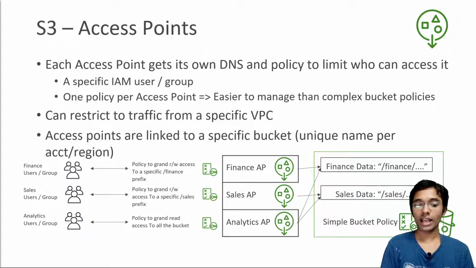The analytics access point will have its own policy to grant read access to the whole bucket, so to both the finance and the sales data, but only read access. This will only be used by the analytics team. So we can see we have a way to manage very complex security rules at the access point level, instead of managing it all within one big complex bucket policy.